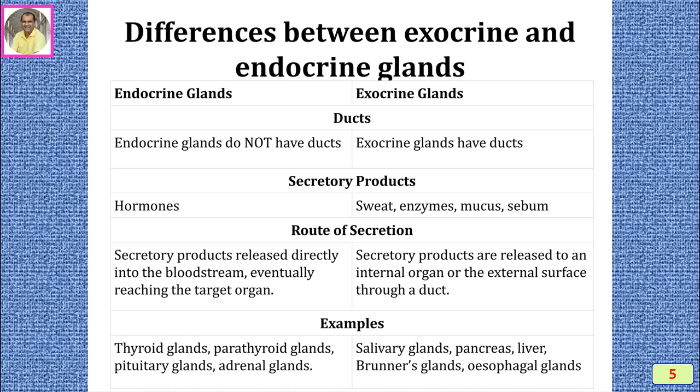Examples of endocrine glands, starting from the head: the pineal gland, followed by the hypothalamus, which is also considered an endocrine gland and secretes many releasing hormones, then the pituitary gland, and on the sides of the neck, the thyroid gland.